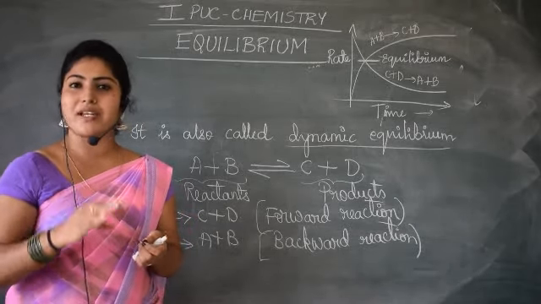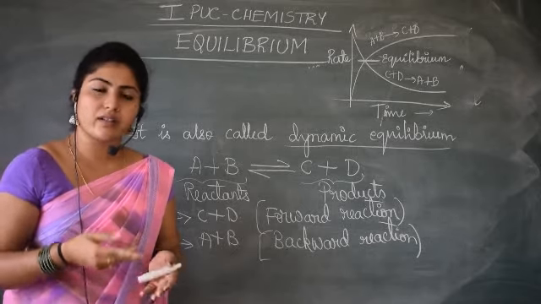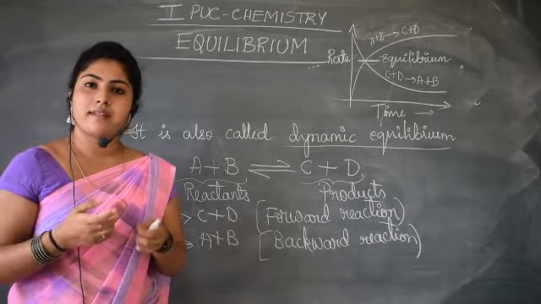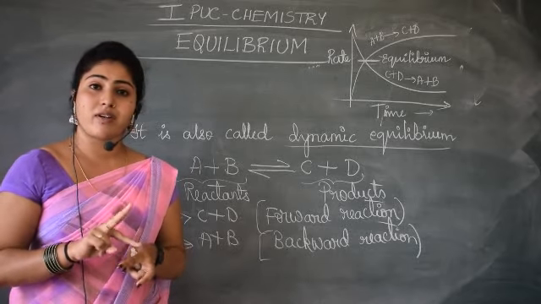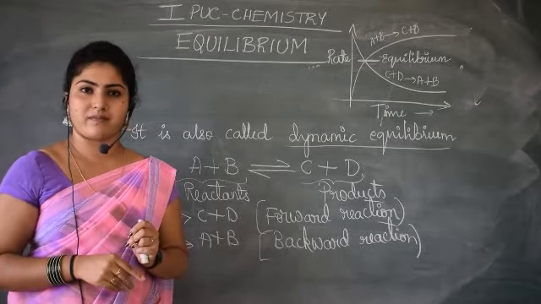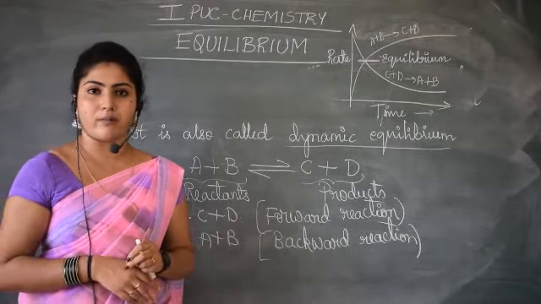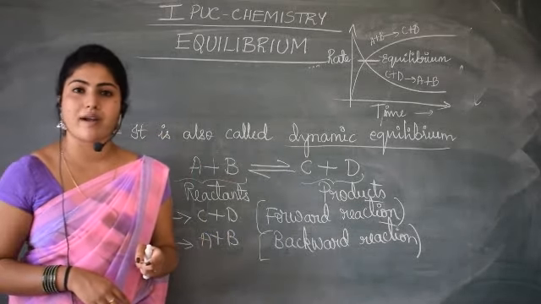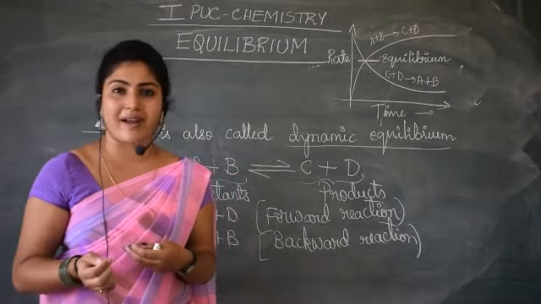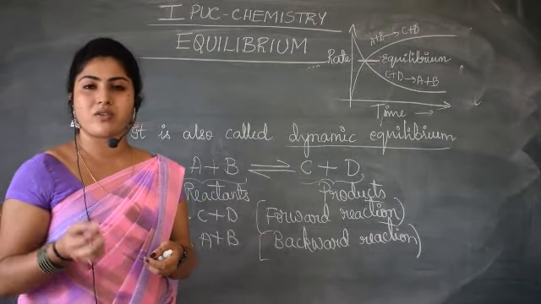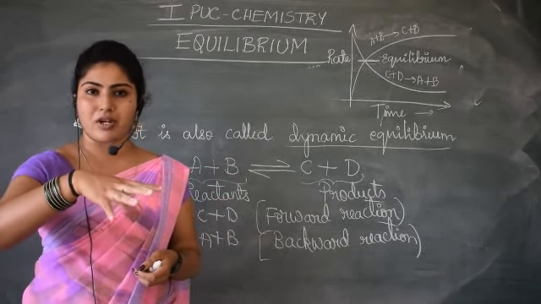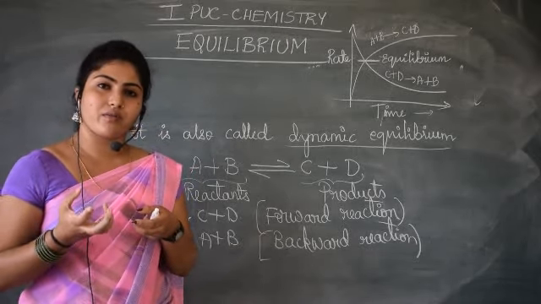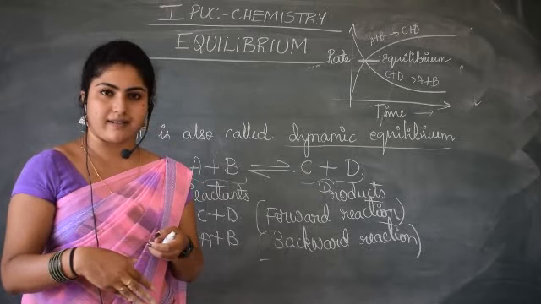Then a stage reaches where further sugar cannot be dissolved. Then they wanted to check whether the reversible reaction takes place or not. It is called a saturated solution. So what they did is take radioactive sugar, which can show radioactivity, it can emit radiation. So a radioactive isotope of sugar was taken and added again.